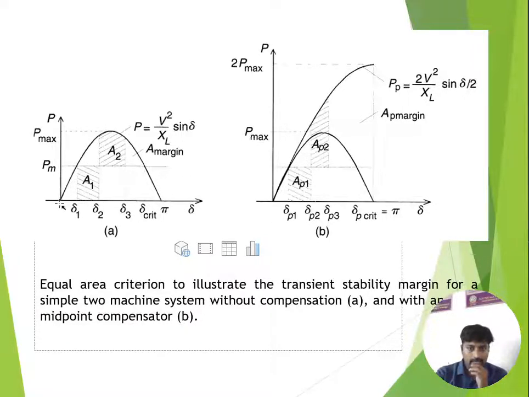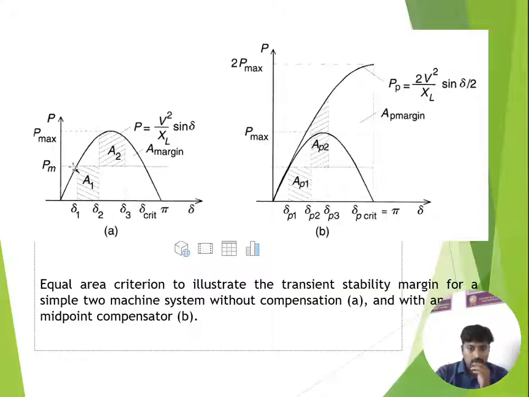We are representing it with delta equal to 0, delta equal to 90 degrees, and delta equal to 180 degrees. You can clearly observe that without any fault in the system, the system is operated stably. That means the mechanical power is equal to the electrical power at a load angle of delta 1. The system is operated stably.